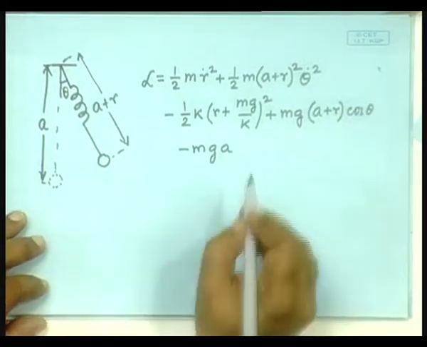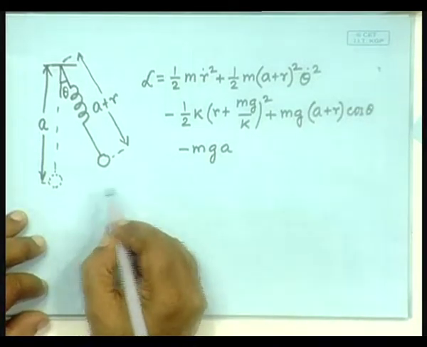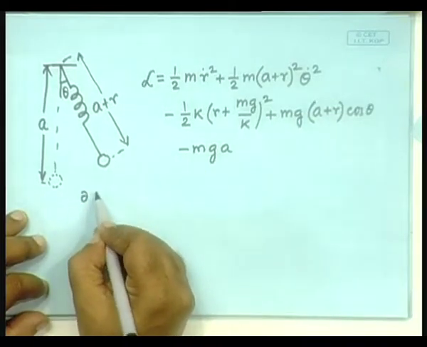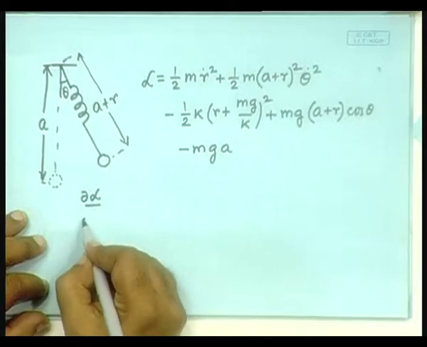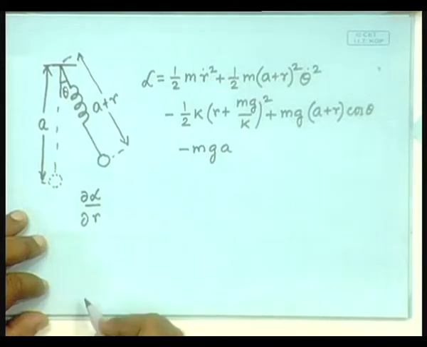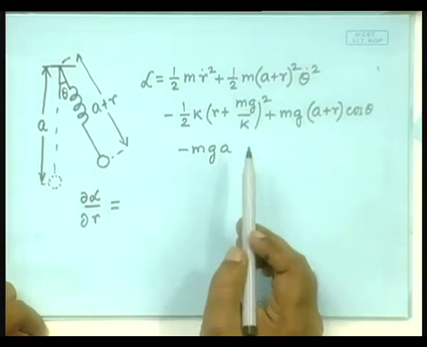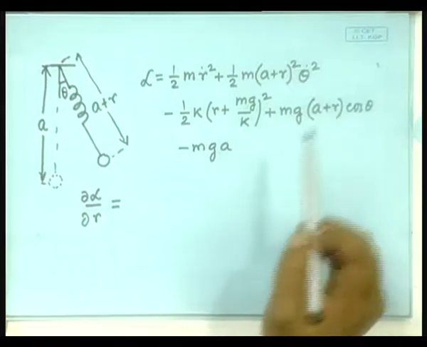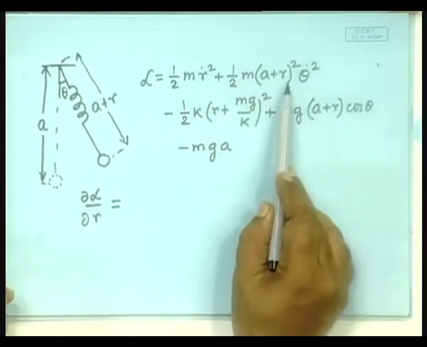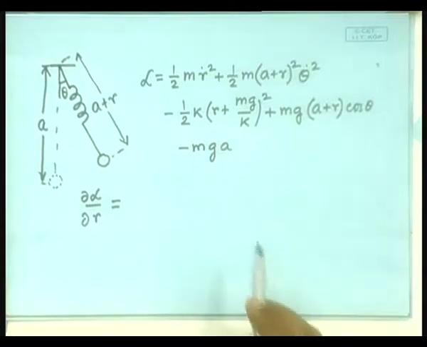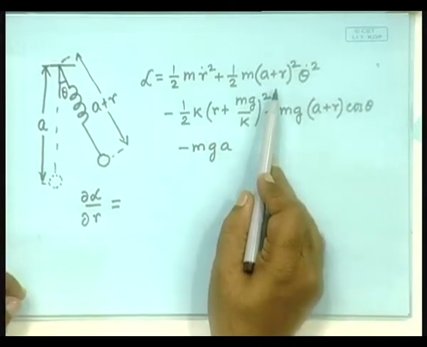Okay. So now you start writing the derivatives with respect to the two coordinates. The first derivative that you would write is Lagrangian with respect to r. When you write in terms of r, this has to be differentiated, this has to be differentiated, this has to be differentiated. So, how do you do it?